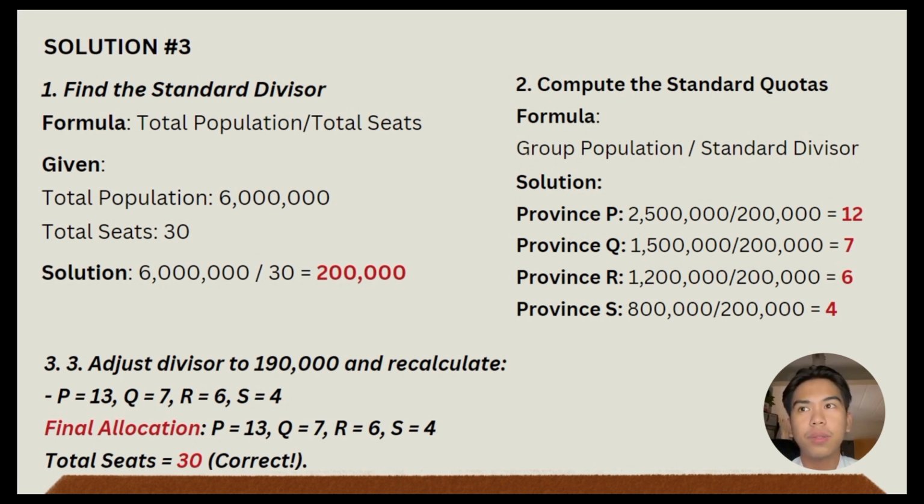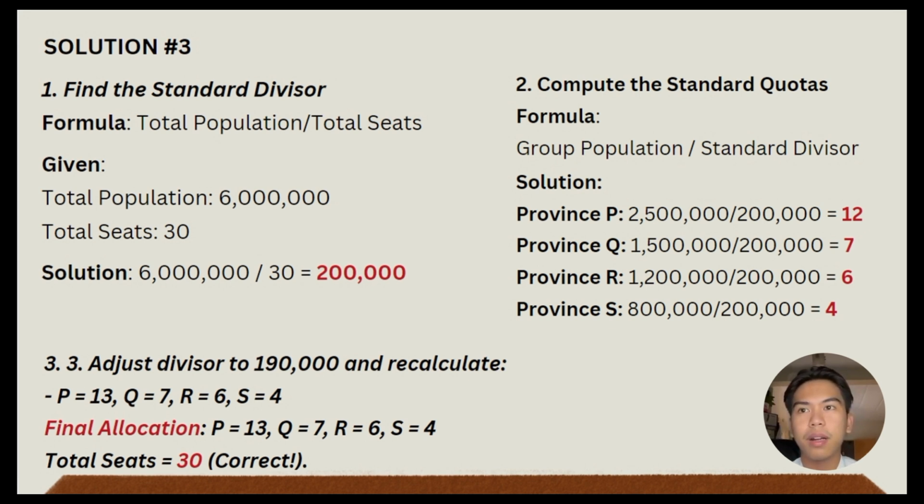Calculating quotas, province P has 2,500,000 divided by 200,000, which is equal to 12.5, or 12. Then province Q is 1,500,000 divided by 200,000, which is equal to 7.5, or 7.